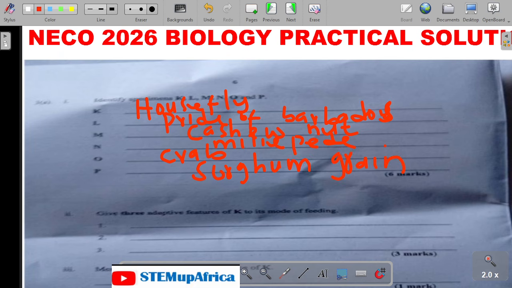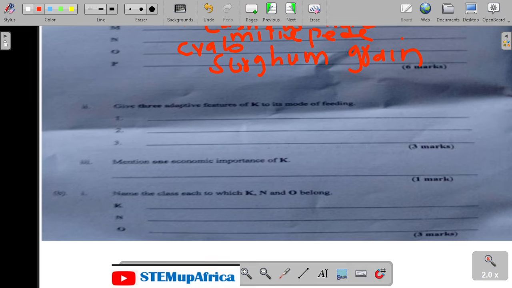Now we go to: give 3 adaptive features of K. One, it has a compound eye for vision.